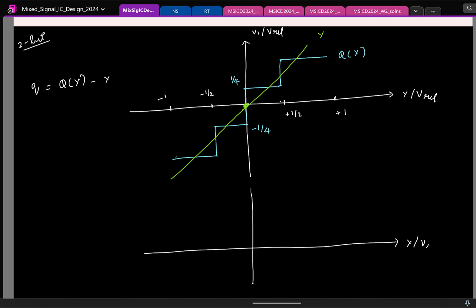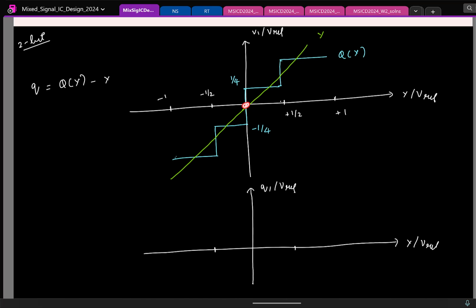So again, this is y by Vref. This is the quantization noise, again scaled with this. So let me quickly mark the ranges. So let's say this is 1. Cool. So now I'm going to take the difference between the quantized output and the input. So basically that is the difference between this blue curve and the green curve.